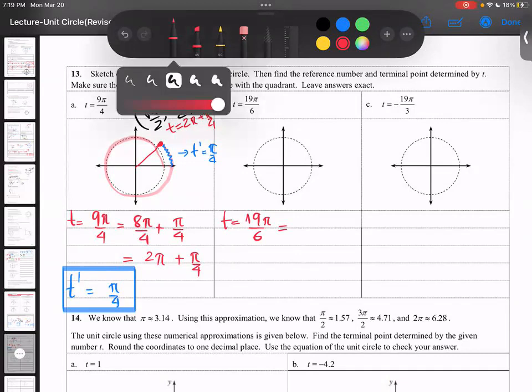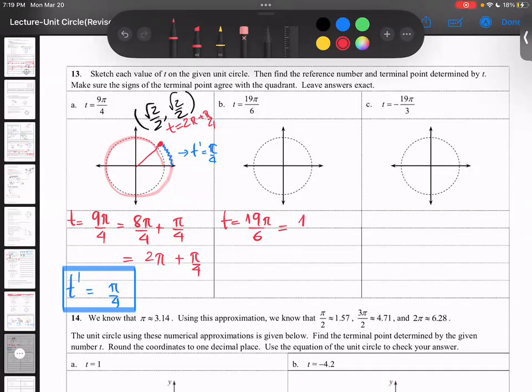I can split into 18 pi divided by 6 plus pi divided by 6. 18 divided by 6 is 3 pi, plus pi over 6. So you go 3 pi, 1, 2, 3, and pi over 6 more. Right there.